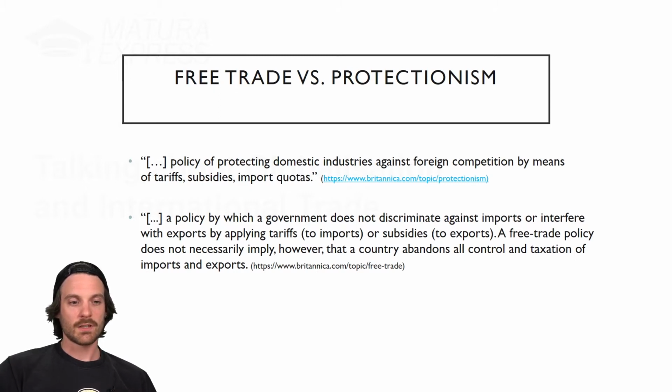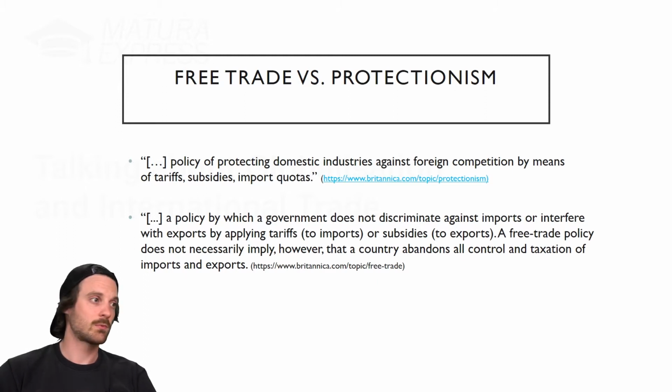So, free trade versus protectionism. Free trade is basically where there are no tariffs for the goods that are transported from one country to another.